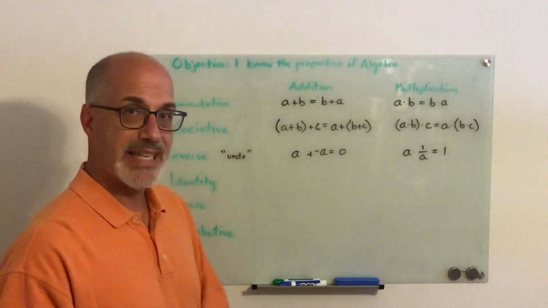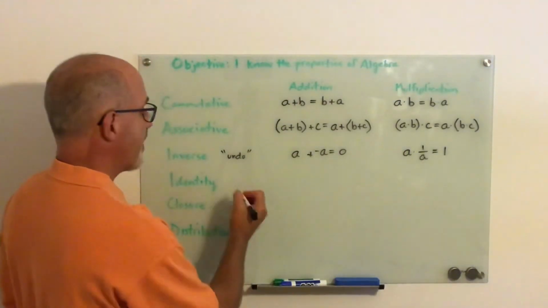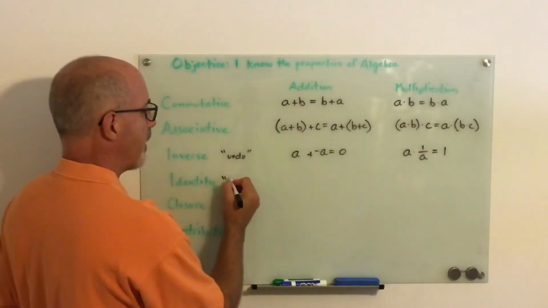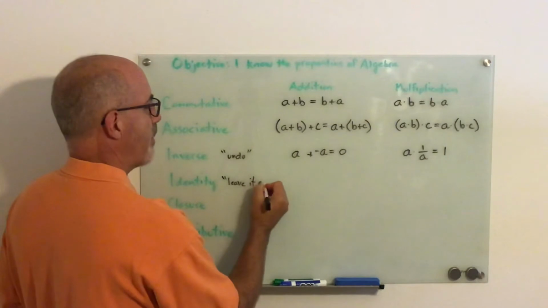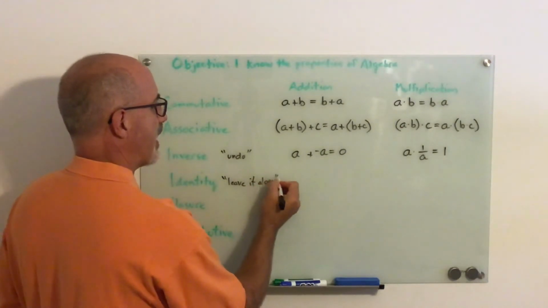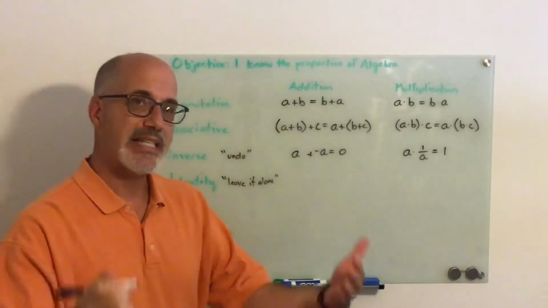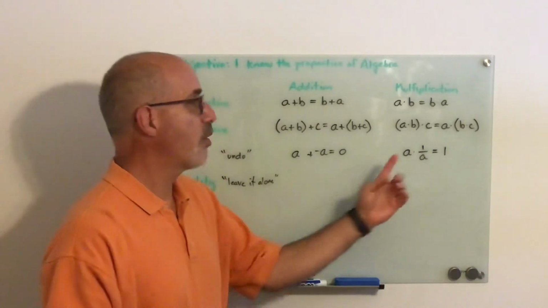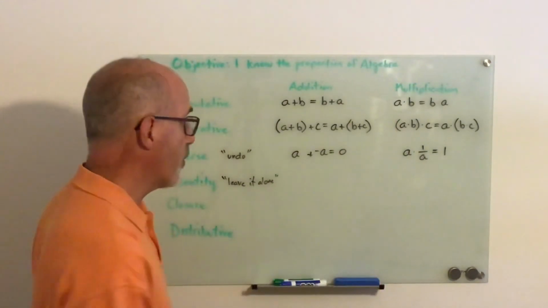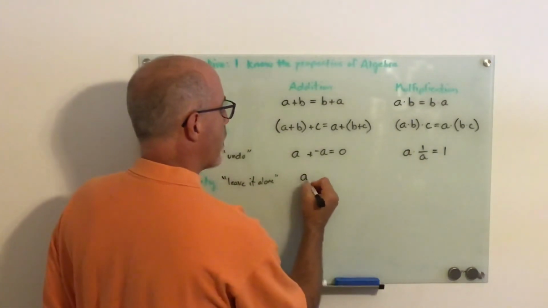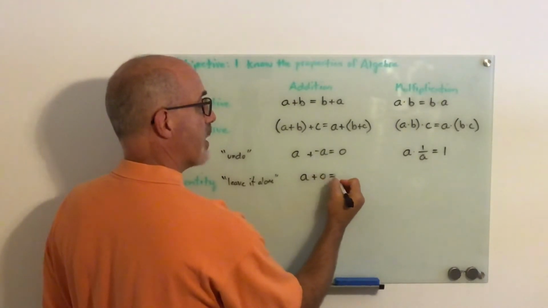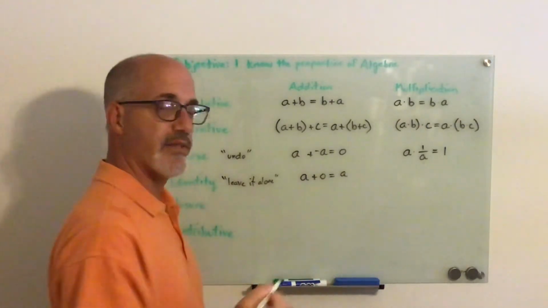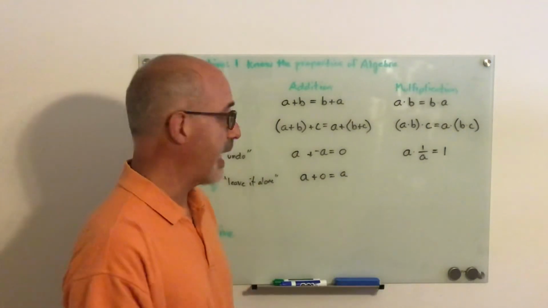Now on identity, that idea of an identity is what would make it leave it alone. And what I mean by that is, if it's going to keep its identity, what would you add to it or multiply by it to leave it alone? So as an example, with a, if I add 0 to it, that leaves it alone and leaves it as that original number a.